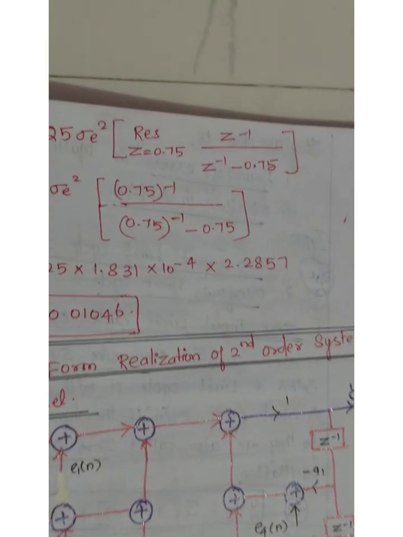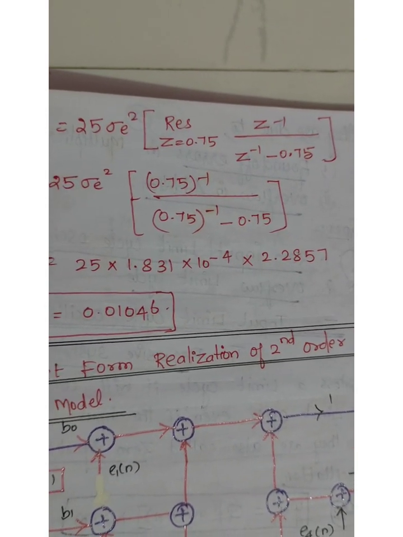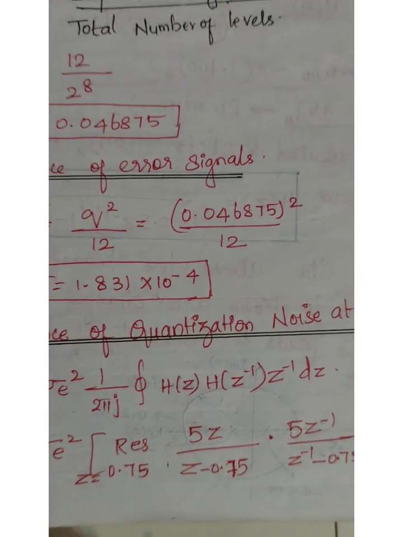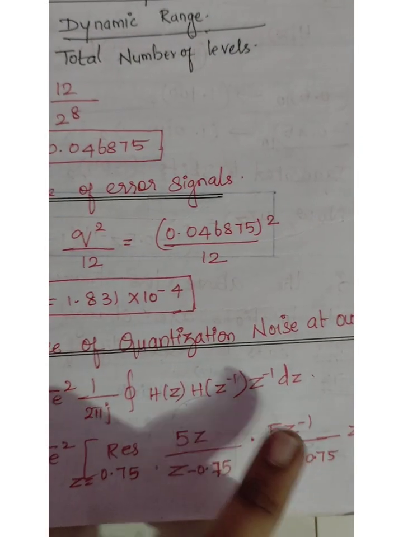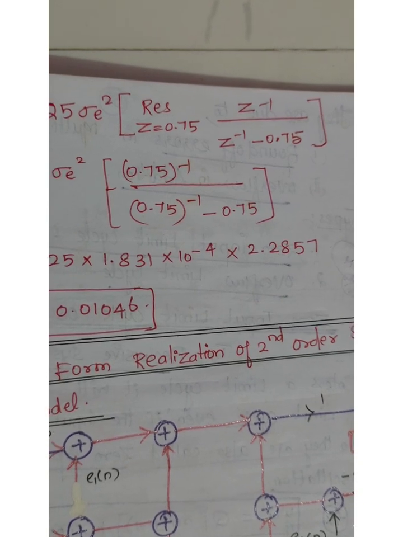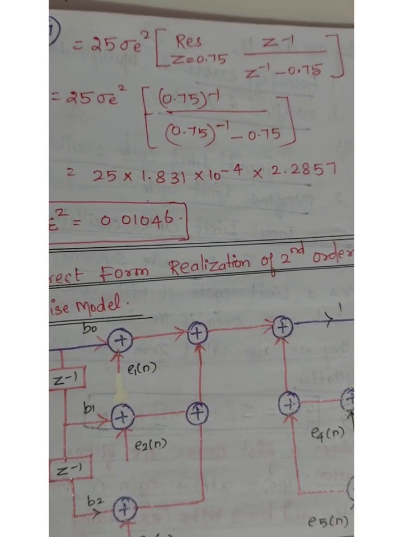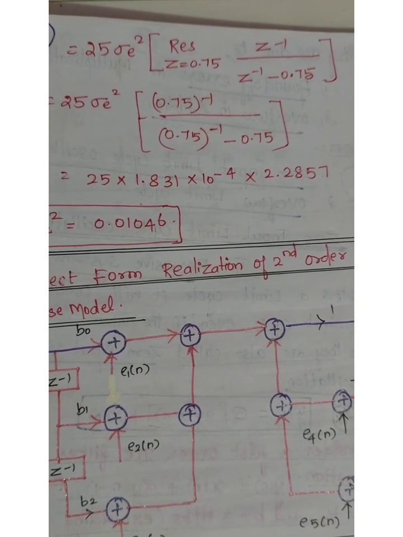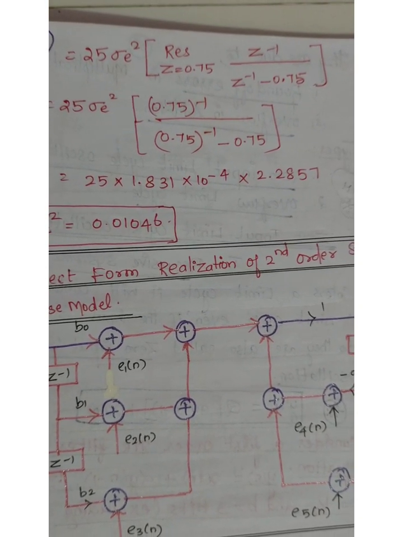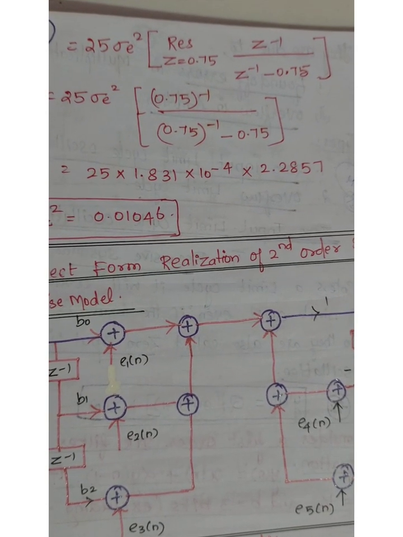Now we calculate: sigma_e squared times the residue. Here it is 5 and here it is 5, so 5 into 5 becomes 25. The z - 0.75 cancels and we get z^-1 by 0.75, substituting z = 0.75.